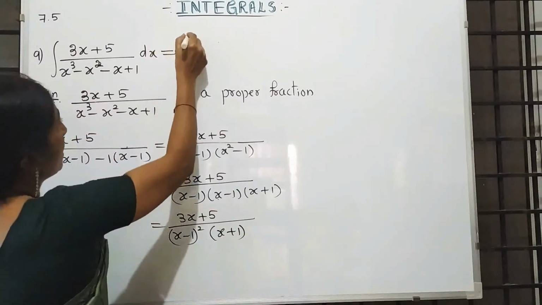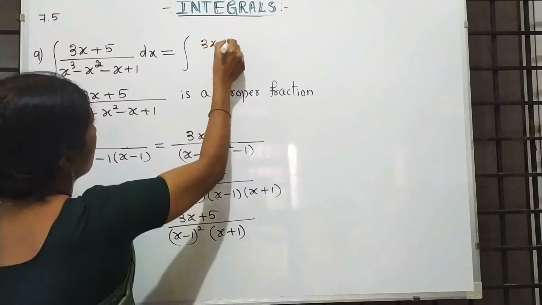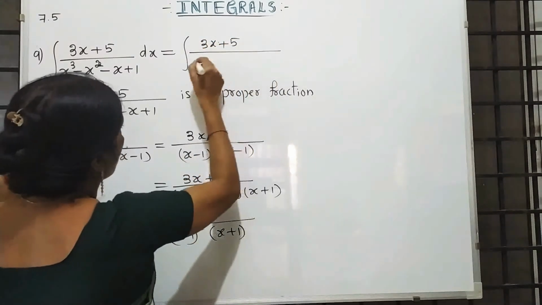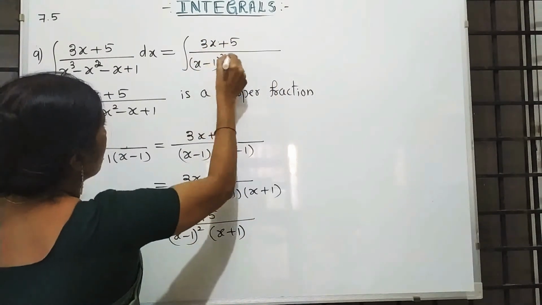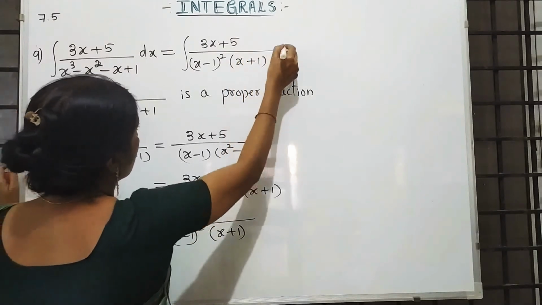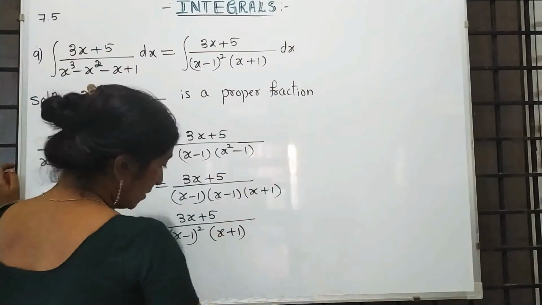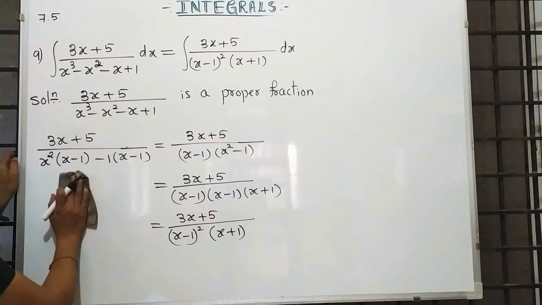See, the given integration is written as 3x plus 5 divided by x minus 1 whole square into x plus 1 into dx. Now we are applying partial fraction.